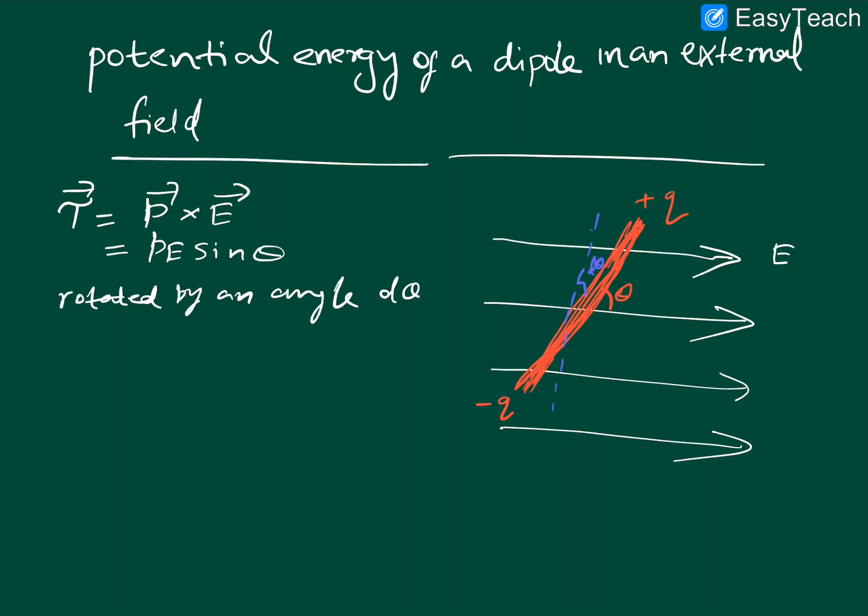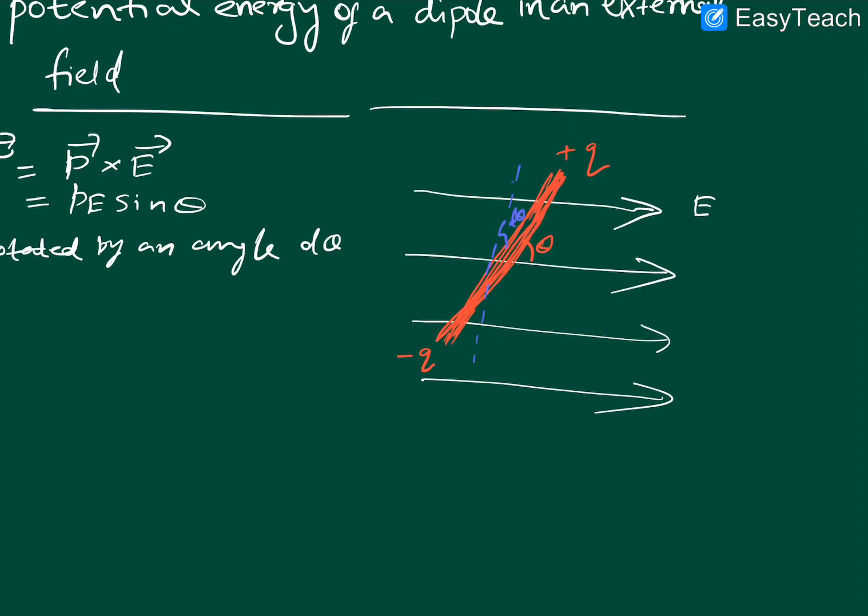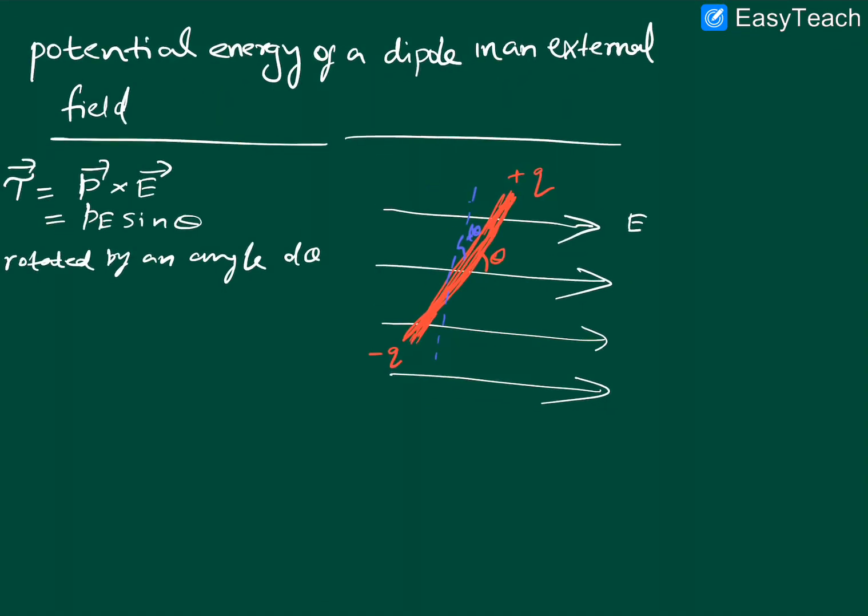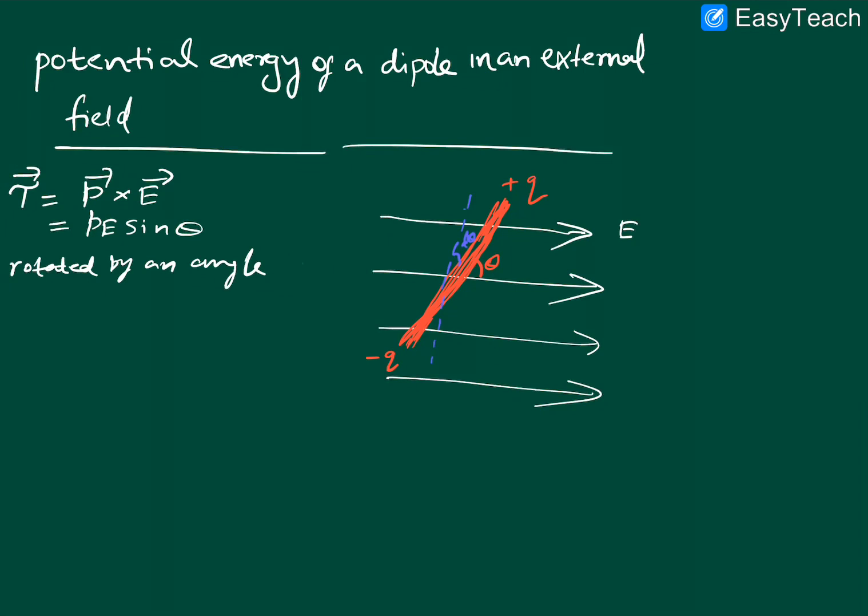For rotating this dipole, the external field must do some work, isn't it? The amount of work done will be stored as the potential energy. So let us calculate that work done.